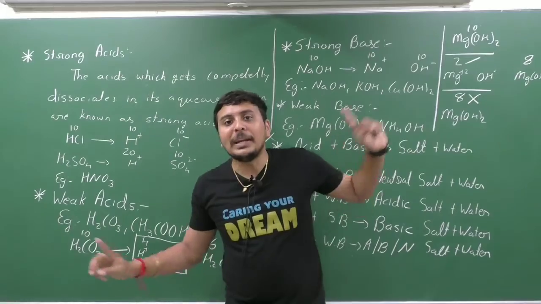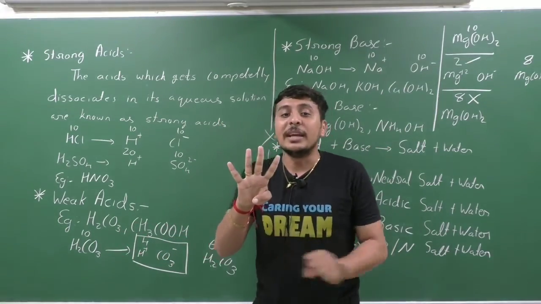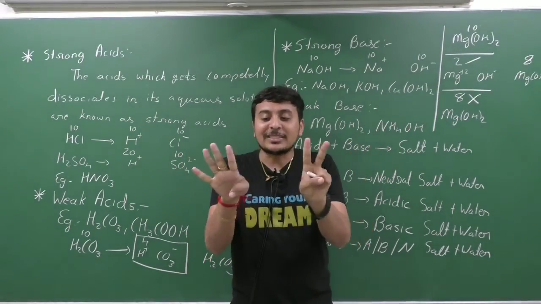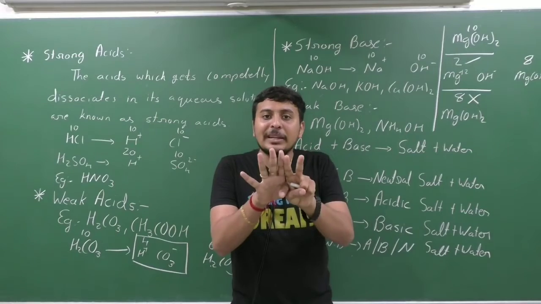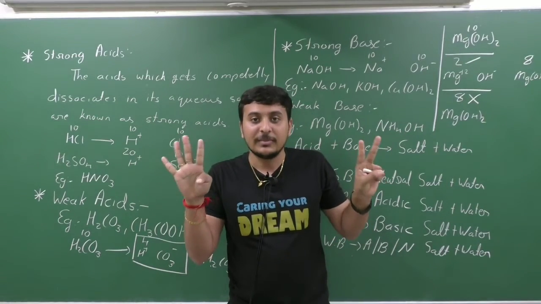So in comparison, here out of 10, 4 H2CO3 are divided, and here out of 10 only 2 Mg(OH)2 are divided. So comparatively H2CO3 is stronger. Getting it?